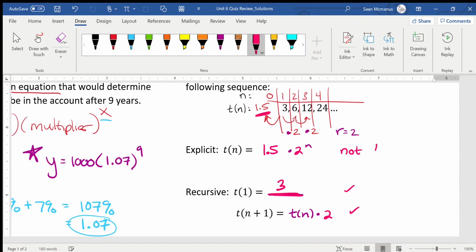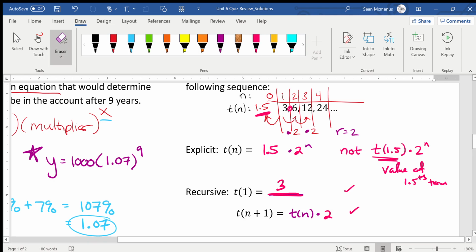It is not t of 1.5 times 2. This would mean the value of the 1.5 term, which doesn't exist, but would be whatever's halfway between 3 and 6. We don't want it written that way because that means something totally different. So make sure you're good with that.